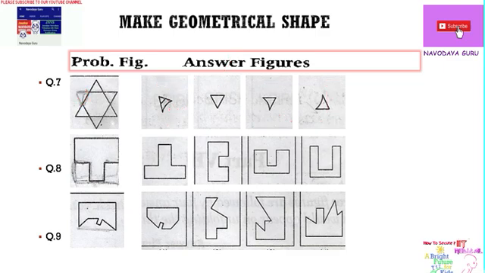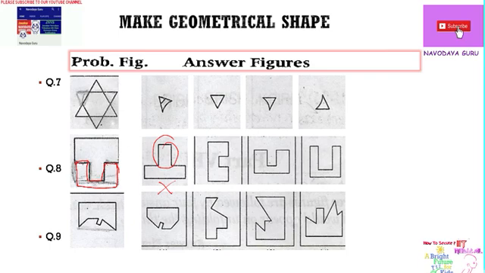Let's go to question number 8. In question number 8, we can see there is one incomplete square. So let's draw its border. Here you draw the border. So let's check our answer. First one is not our answer because up there is one shape.